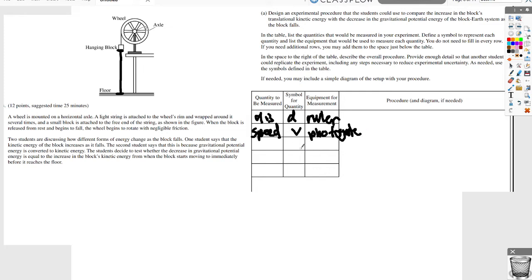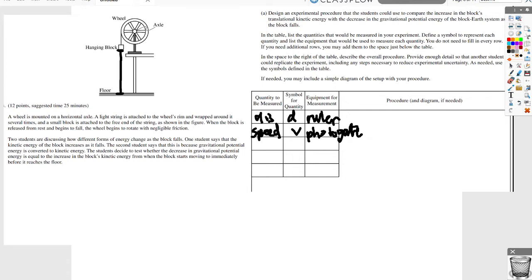I guess acceleration is probably better. Is acceleration better than speed? No. Yeah, speedometer is probably more accurate. But actually, no, photo gate, because speedometers are bad for calculating certain stuff.